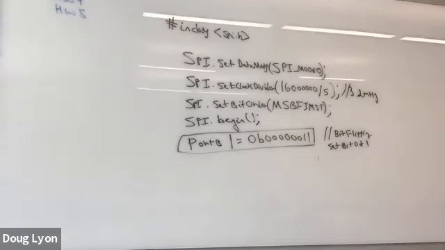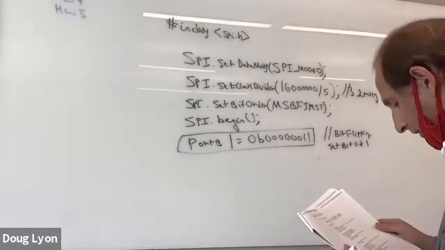Port B. Yeah, they don't label the silk screen on this particular version of the Arduino, so it's not going to help you. You have to know which pins are which. That's not good. All right.